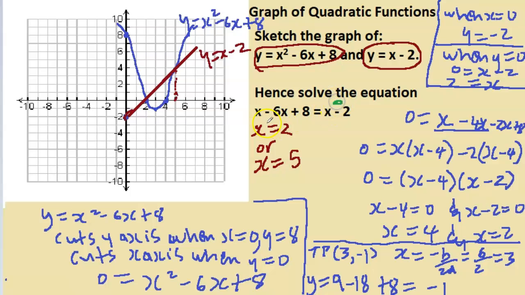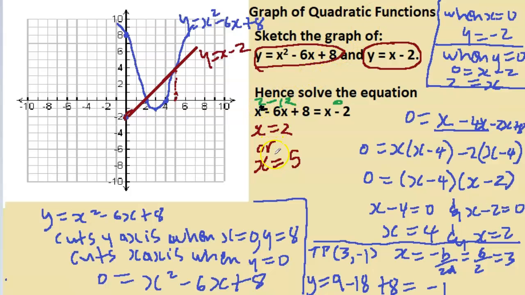In other words, if you substitute 2 into the function, it should be x squared minus 6x plus 8.